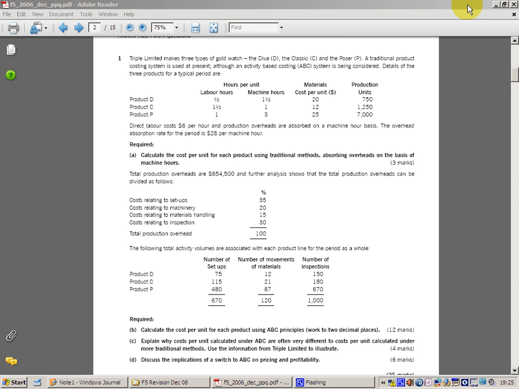The requirement is to calculate the cost per unit for each product using traditional methods, i.e. absorption costing, on the basis of machine hours, we're told. So we'll have a look and see how we will do that.